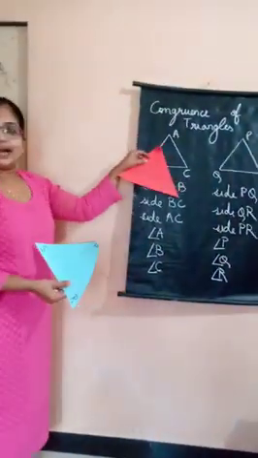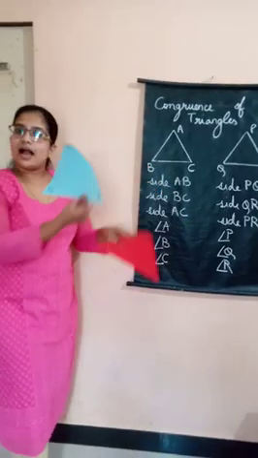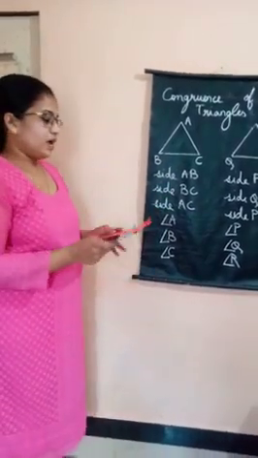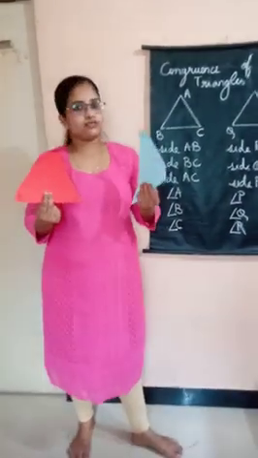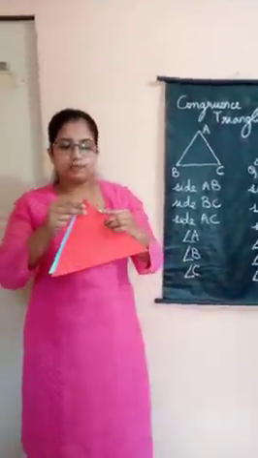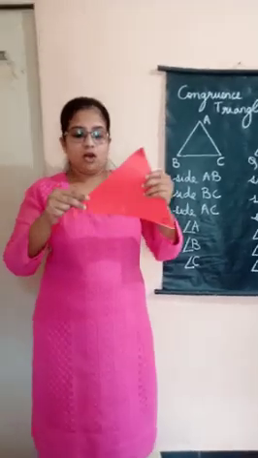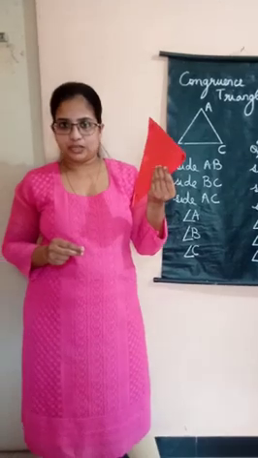Now here we have the 2 triangles which we are talking about, triangle ABC and triangle PQR. We said that triangle ABC is congruent to triangle PQR. In that case, I would be able to place one triangle on top of the other such that they are overlapping each other.